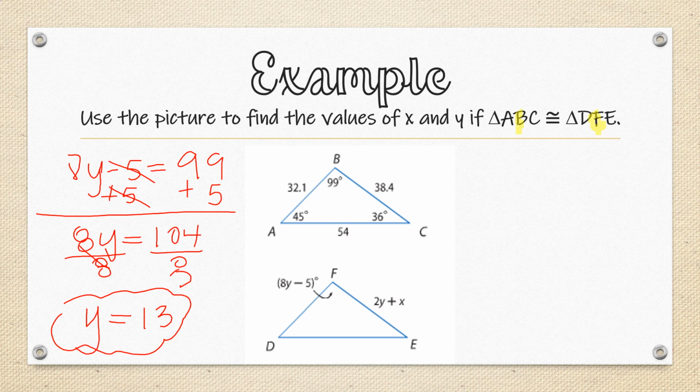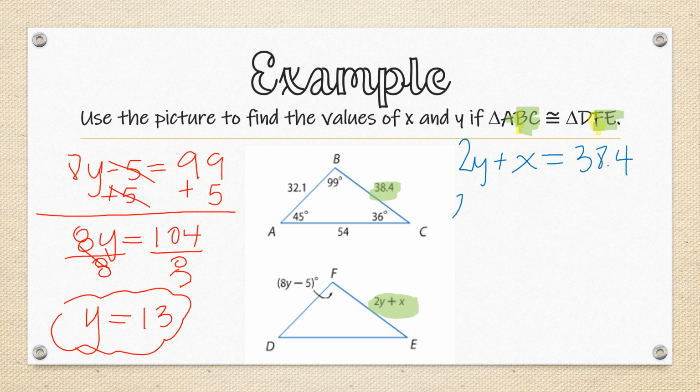Now I can figure out how to find x. X is right here, 2y plus x. That side FE is going to be congruent to side BC, which we know is 38.4. So I'm going to set 2y plus x equal to 38.4.